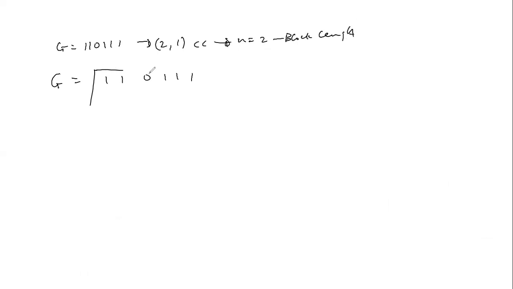So this sequence will be shifted by 2-bit space. So we now have it repeated here, 1, 1, 0, 1, 1, 1. And the same happens again: we shift by 2 bits, which is the block length, and we can go on and on.